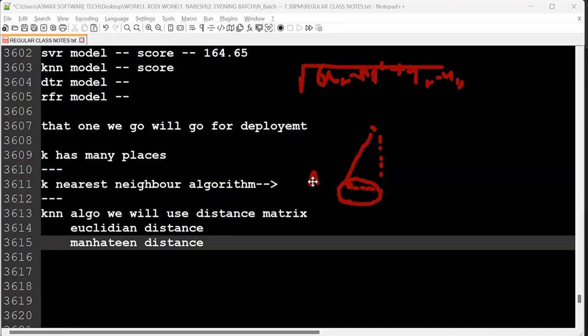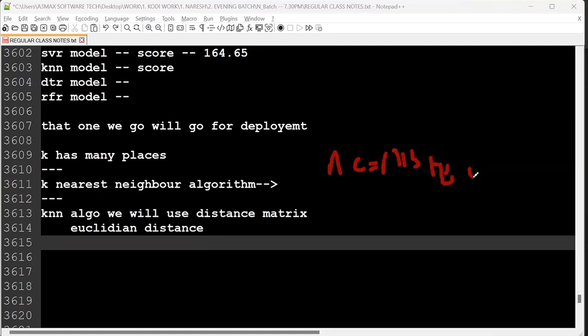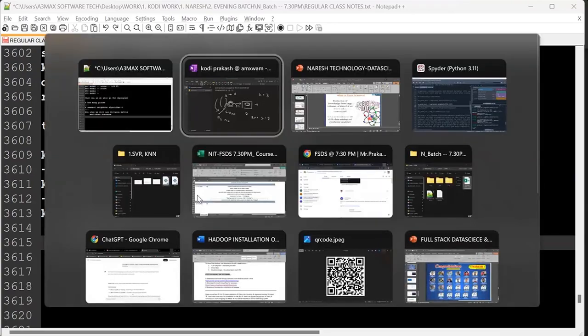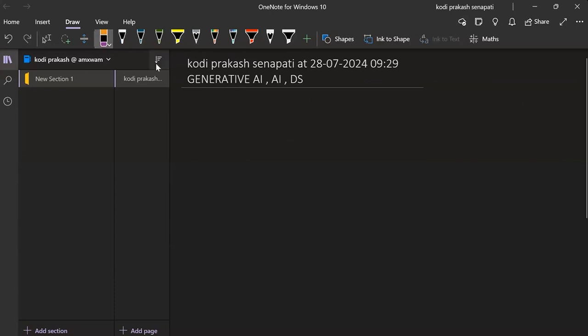If I try to find the distance of AC, can I say AC equals AB plus BC? Can I do this? AC equals AB plus BC.